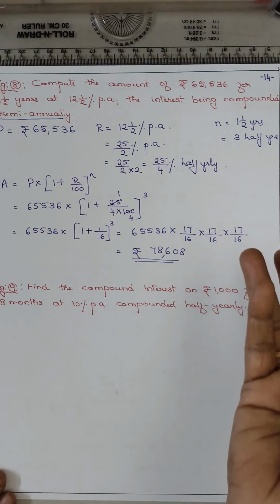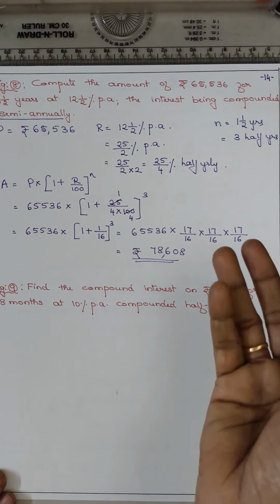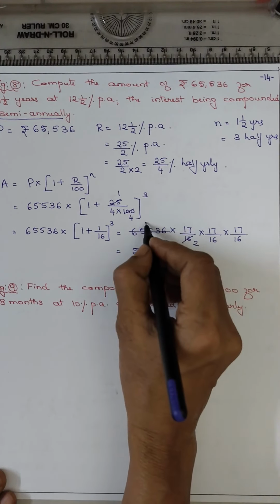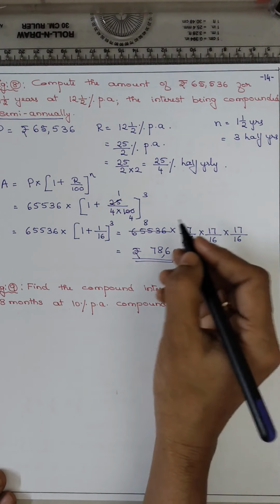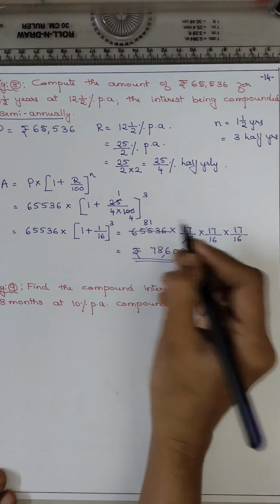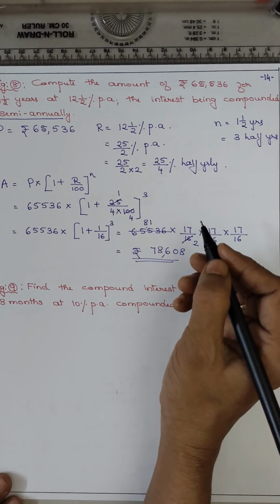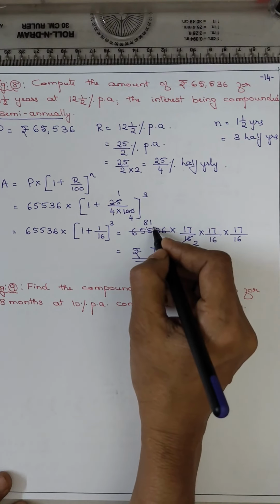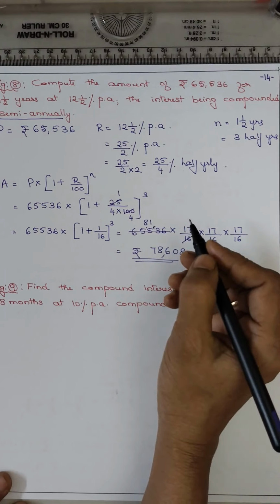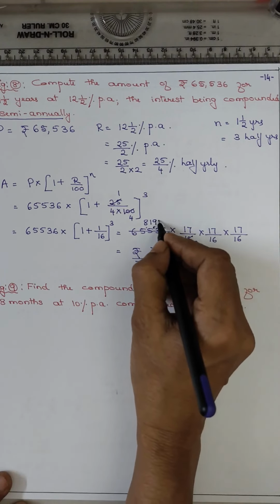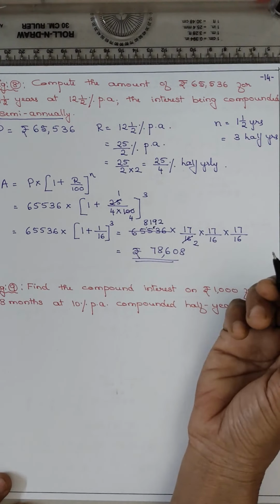Or by 8. You can see 8 2s are 16, 8 8s are 64, 1 remains, 8 1s are 8, 9, 10, 11, 12, 13, 14, 15, it becomes 9 and then 2s are 16.